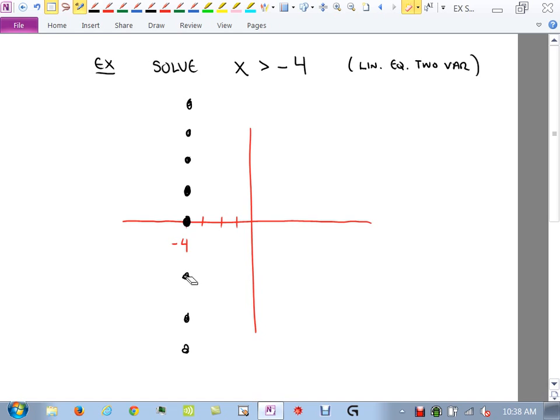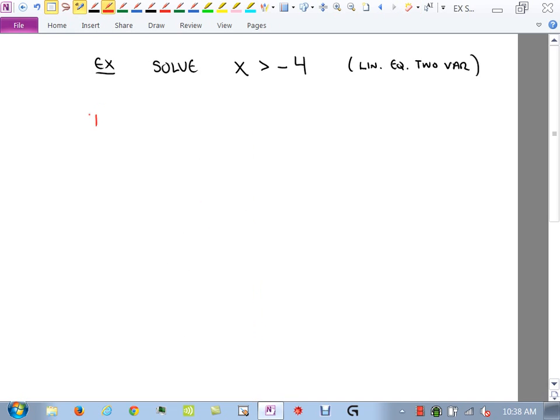Now I've got to follow the steps the way we did before. So the first step is to turn it into an equation, right? X equals -4. And if you look back in your notes, x equals -4 is a vertical line. Go back to when we first started talking about lines. X equals a number is a vertical line. So the second step is to use x-intercepts or y-intercepts, or x and y-intercepts, or y equals mx plus b.